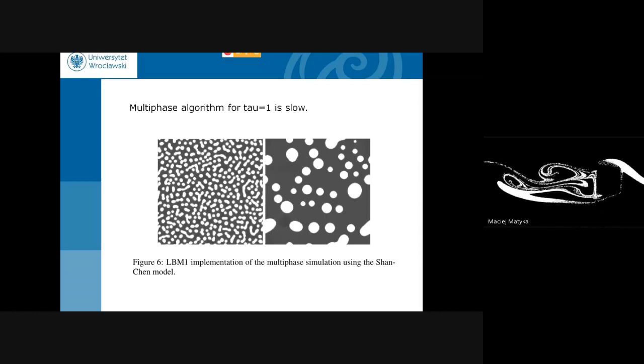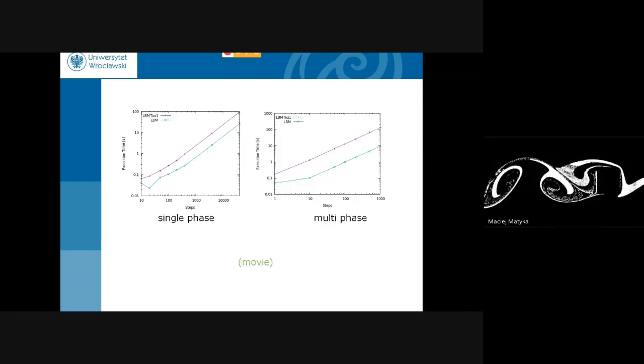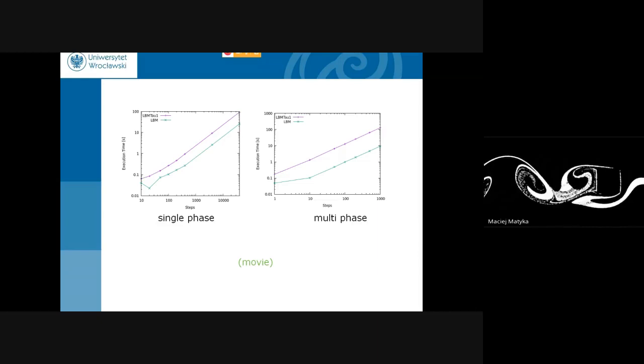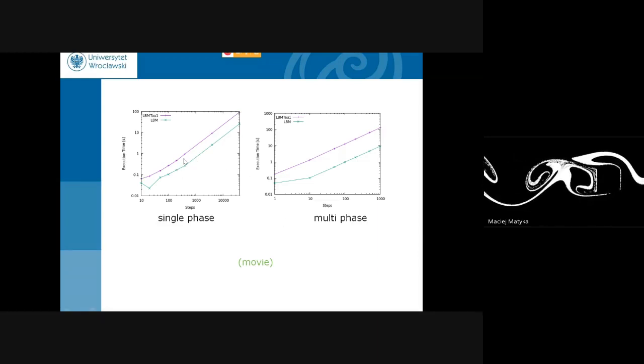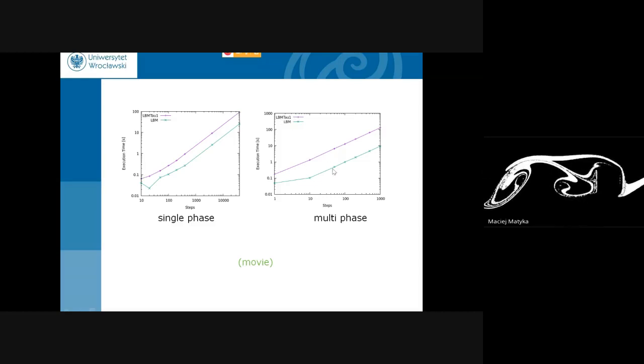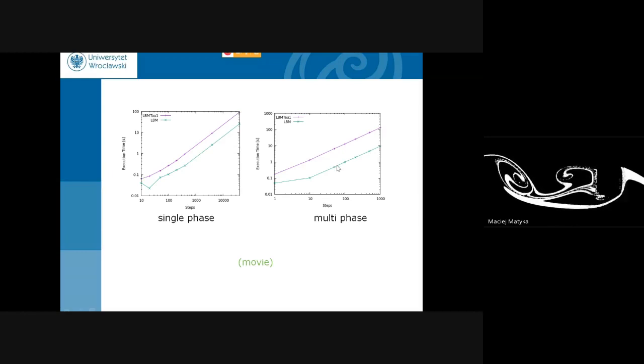Now, we also implemented the multi-phase algorithm for tau equal to 1, and this implementation is possible, but the problem is that it is very slow. You have a comparison of LBM and LBM for tau equal to 1 for multi-phase and single-phase flow, and basically multi-phase is 10 times slower. Single phase is also slower. Here we have a comparison.